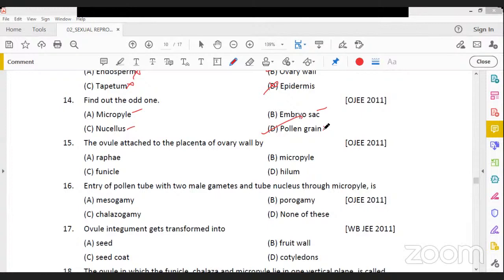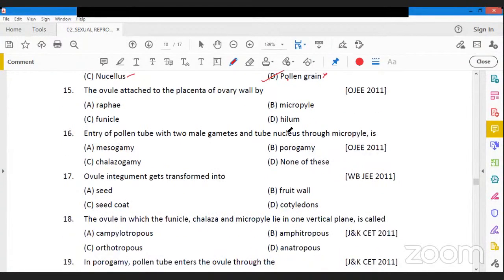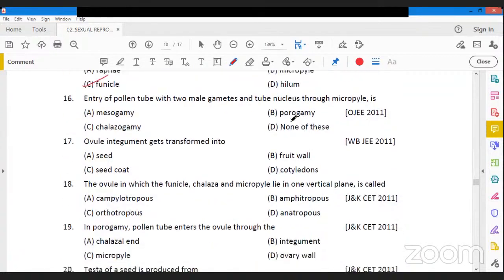Okay, the next one, the 15th. The ovule is attached to the placenta of the ovary wall by the funicle.